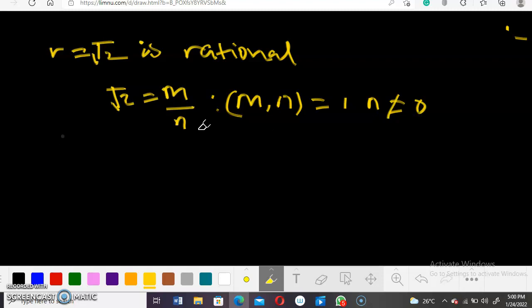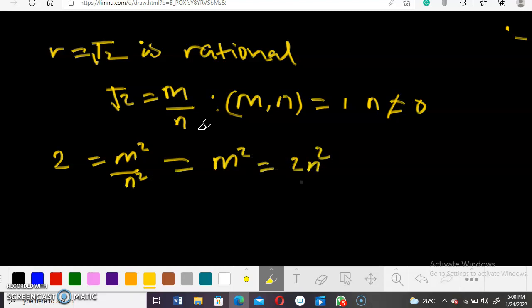To remove the root sign, we square both sides, so that we have 2 is equal to m squared over n squared. This implies that m squared is equal to 2n squared. Cross multiply. But if you observe here, you will notice that m squared is an even number.